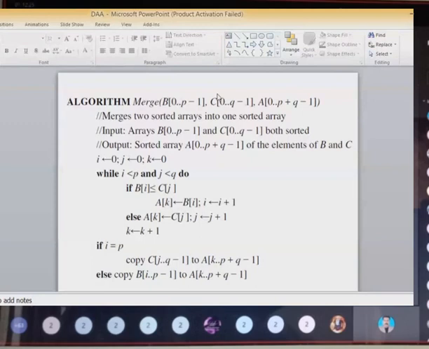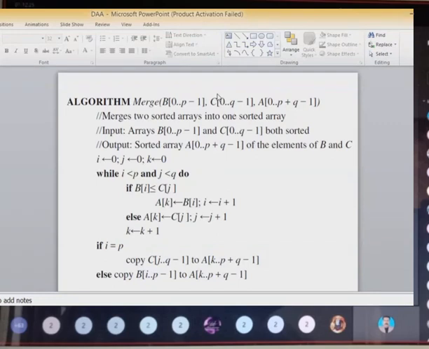Initially, in combine, i equals 0, j equals 0, and k equals 0, right? Now we need to check two conditions. The first condition is while i is less than p and j is less than q.